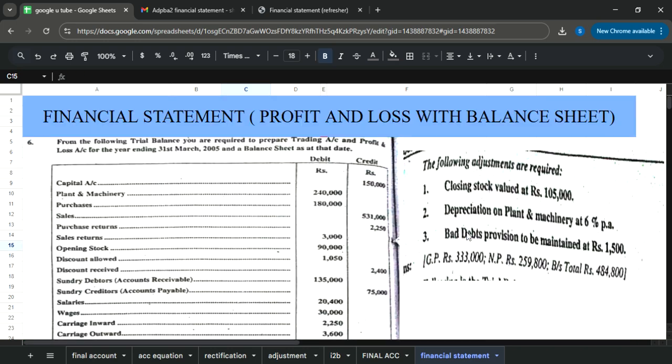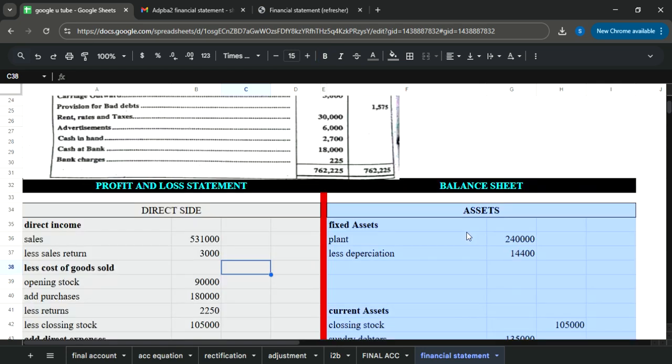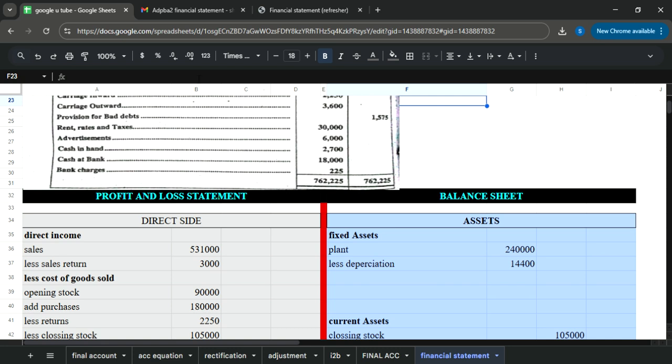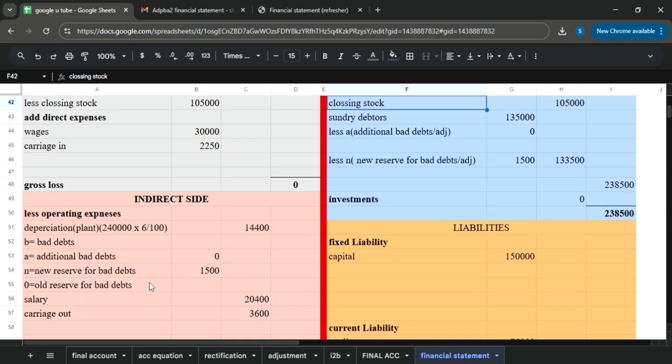Okay guys, after carriage out, just confirm. Yes, carriage out, and then we have provision. Provision for reserve allowance is present in the trial balance. So it's O, 1575. This is old reserve. So 1575.